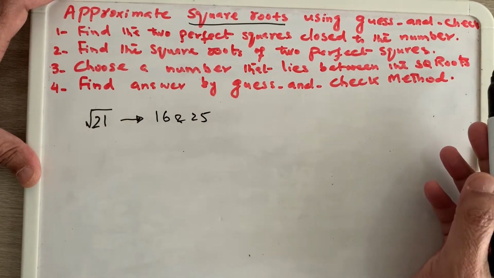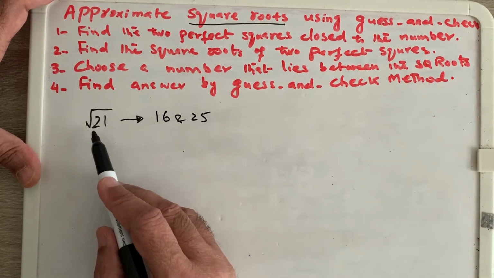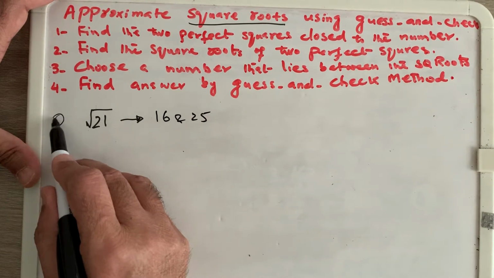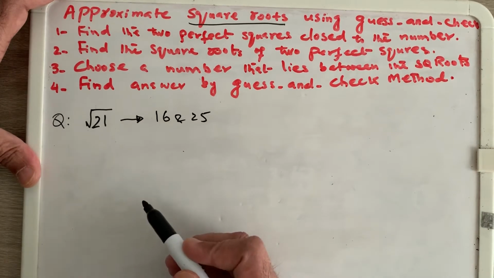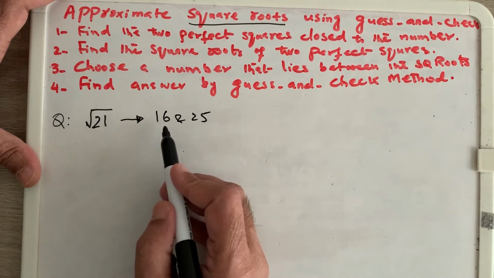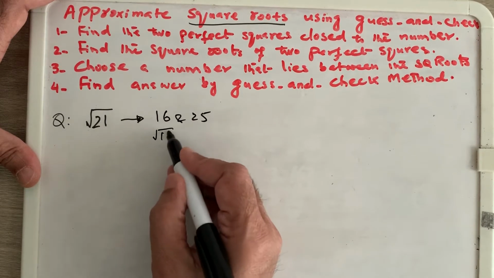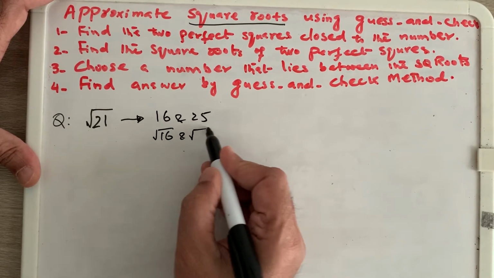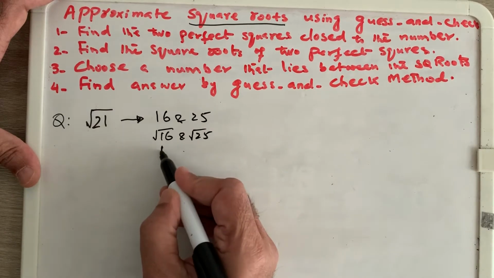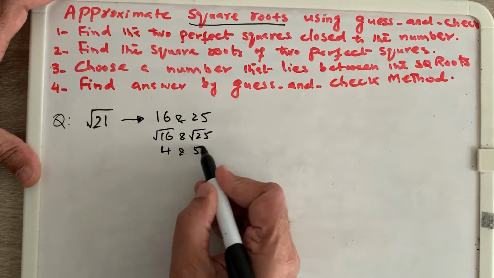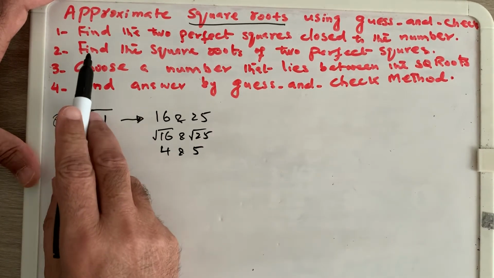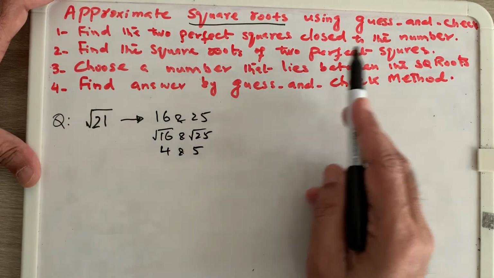My question is square root 21 and the numbers close to 21 are 16 and 25. And the roots of 16 and 25 we know are 4 and 5. That is the second step: find the square roots of the 2 perfect squares.